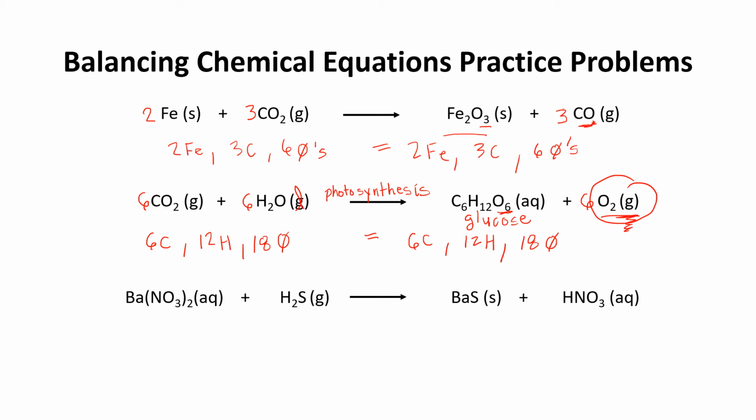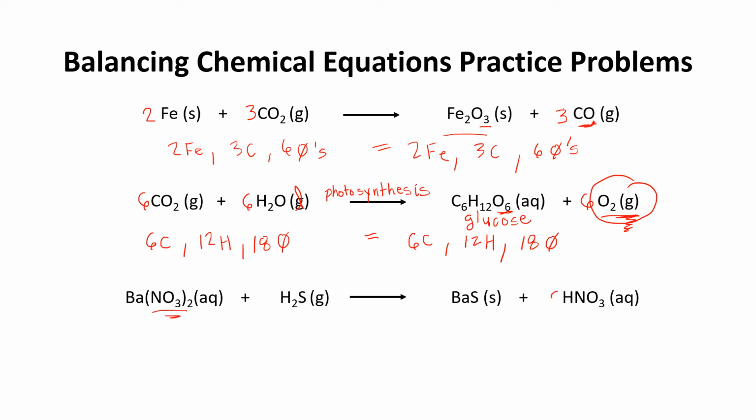Here we have barium nitrate. So this is the nitrate polyatomic ion. And we have hydrogen sulfide. And these two react to give me barium sulfide solid and nitric acid in the aqueous solution. So we have 2 nitrate ions over here on the reactant side.